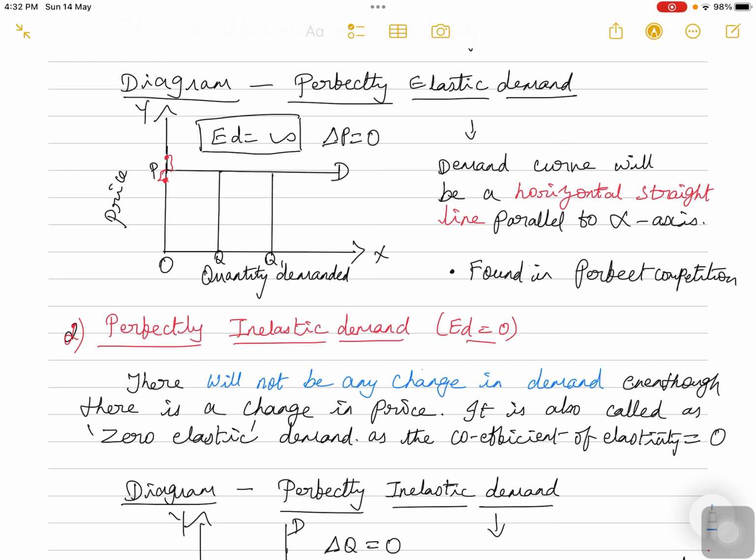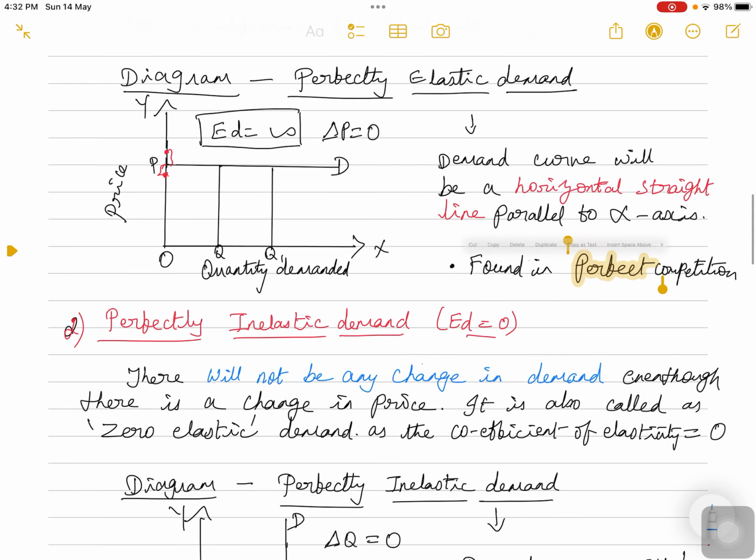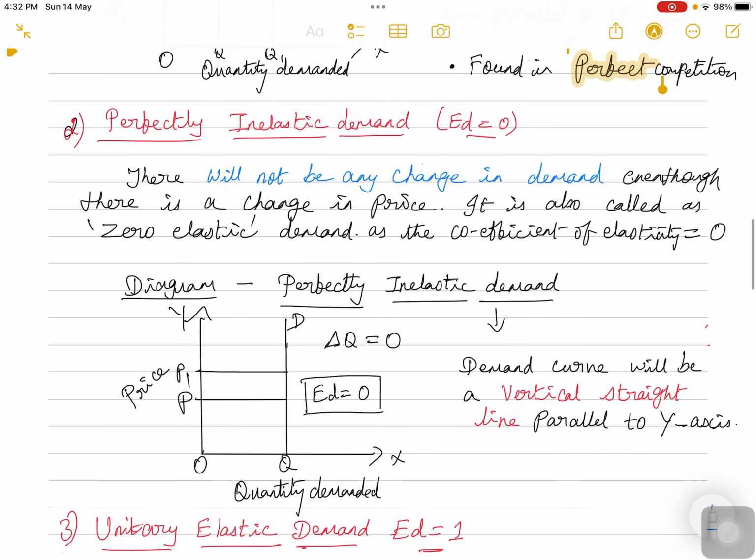So this is one extreme, and the second extreme is the perfectly inelastic demand. Perfectly inelastic demand is where the demand is not changing while the price keeps on changing. Whatever the price of the commodity might be, the demand remains constant. So that is perfectly inelastic demand. This is another extreme.